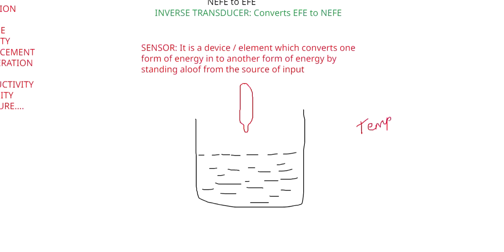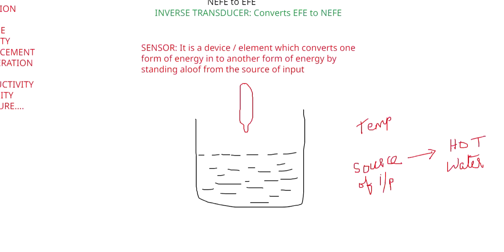The source of temperature is hot water, right? Now I want to measure temperature. So if I use the thermometer like this, as the source of input. What is the source of input? Hot water.